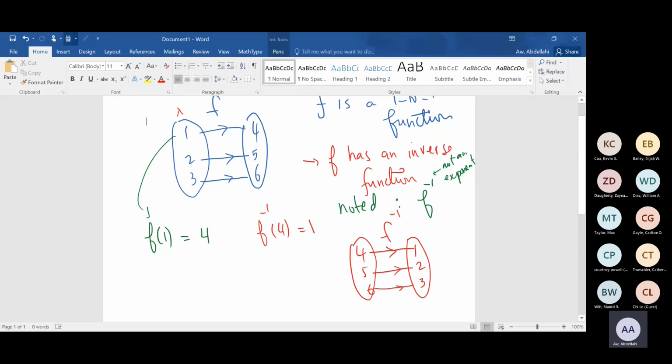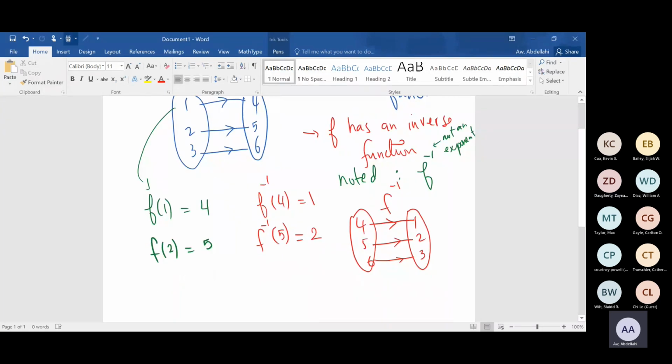For instance, how much is f of 2? 5. So what's going to be the reverse way? f minus 1 of 5 is equal to 2.